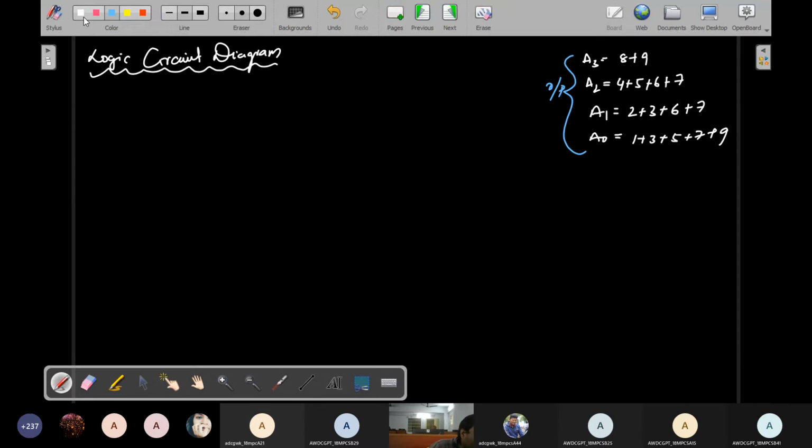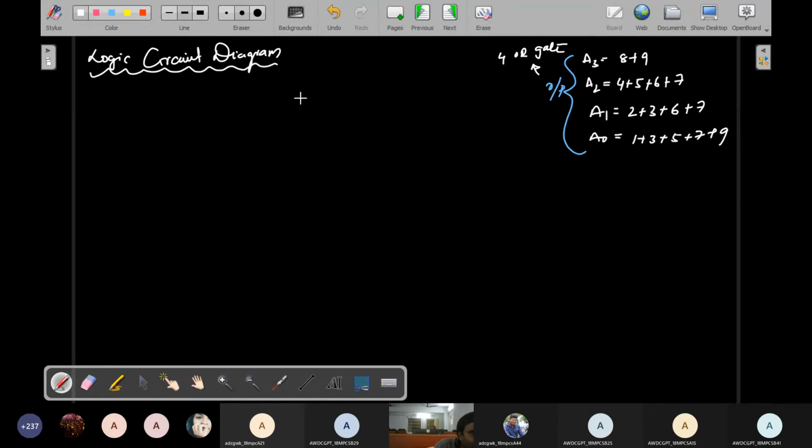Right now I use the logic diagram. First of all, I write all the outputs right here. So actually I'll consider these four OR gates. This output actually contains four OR gates. So that's why first of all I consider four OR gates.